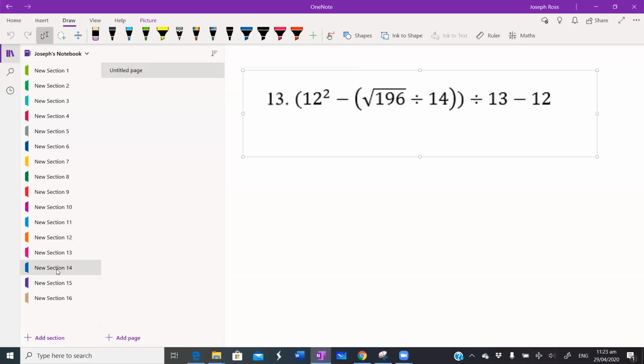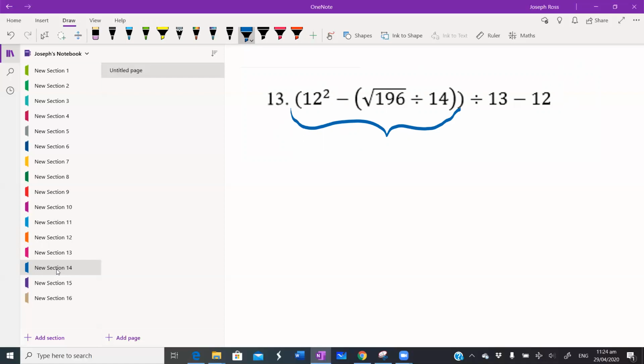So firstly, the outside set of brackets, which begins before the 12 and ends there, tells us that part needs to be done first. So forget about the divided by 13 and the minus 12 at the end until we've done what's inside the bracket. Now inside that bracket, we have another set of brackets.